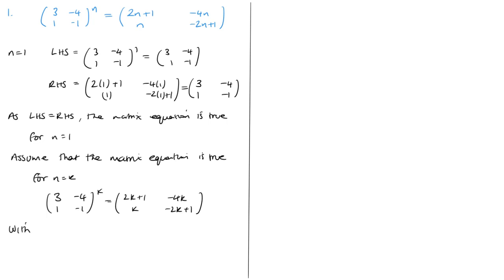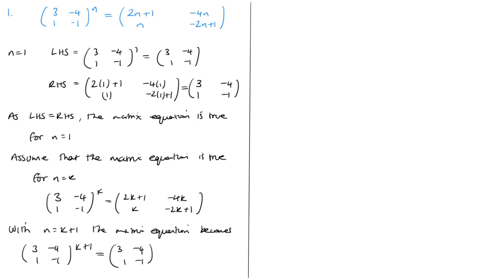Right, so with n equals k plus 1, the matrix equation becomes, so now we're just focusing on the left hand side. So (3, -4; 1, -1) to the power k plus 1, and that's (3, -4; 1, -1) to the power k, times (3, -4; 1, -1) to the power 1.